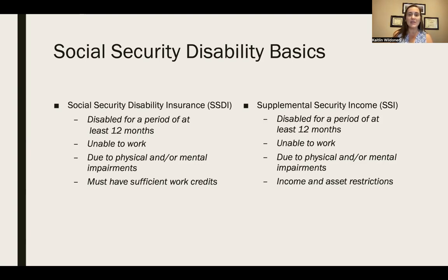Again, generally speaking, with SSI you have to have less than $2,000 in assets if you're single and less than $3,000 in assets if you are married. For income, that does change a little bit, and there can be a reduction, including for in-kind income, if somebody is giving you food or shelter. So those are all things to consider for SSI.